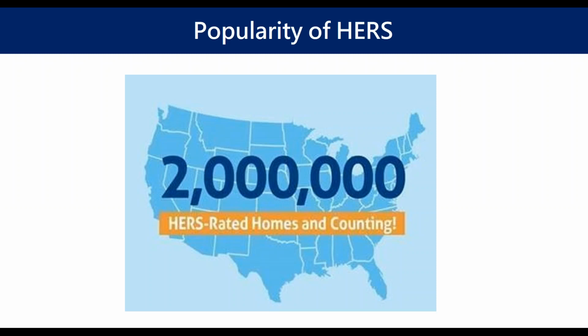Back in May of this year, RESNET eclipsed 2 million HERS rated homes within the RESNET National Building Registry. One reason that's a significant milestone is that the second million homes were achieved in about half as much time as the first million. So there's a significant increase in year-over-year ratings, to the point where now we're seeing ratings each year come in at over 200,000.